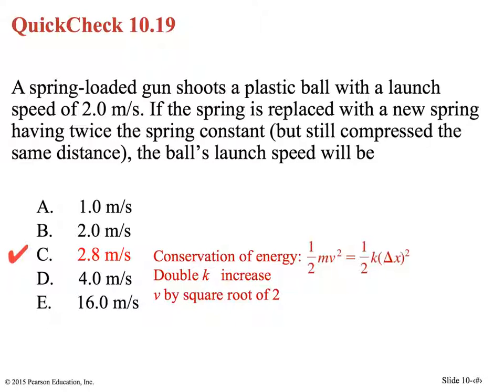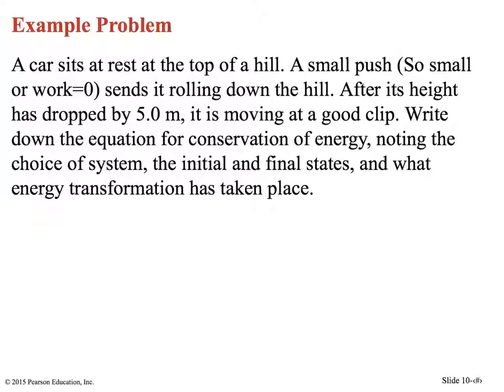So my 2 meters per second goes to 2.8 meters per second. Instead of doubling it, you multiply it by the square root of 2. A lot of those problems, it's easier if you just plug numbers in and look at it that way. But if you look at the variables, you could figure it out as well.